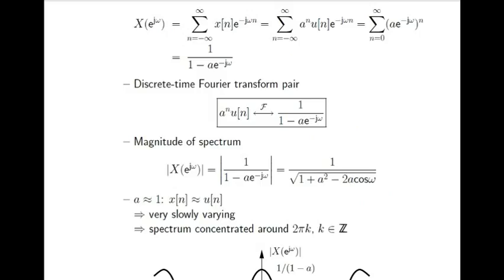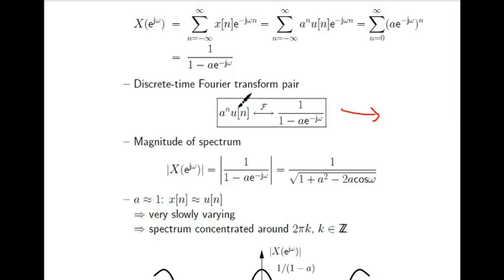Here one thing that is needed from you students: I suggest that you memorize this discrete time Fourier transform pair, because it will come in handy when you are solving complex problems.